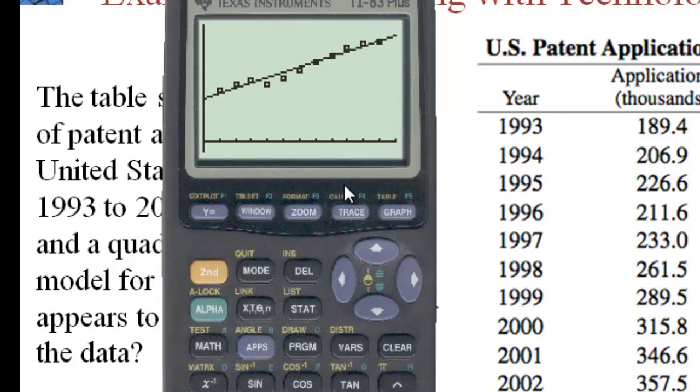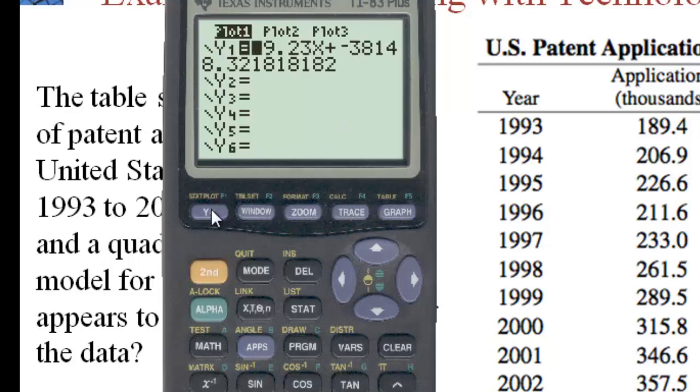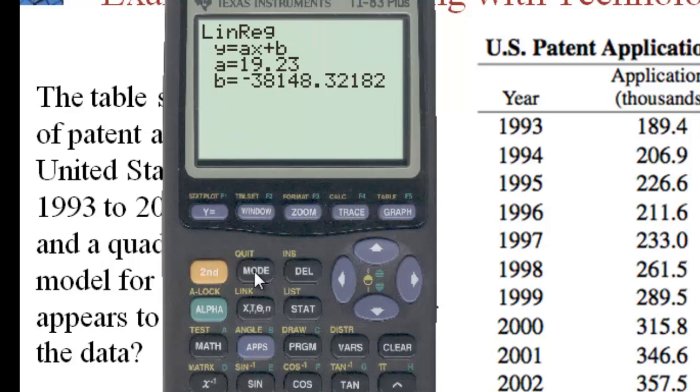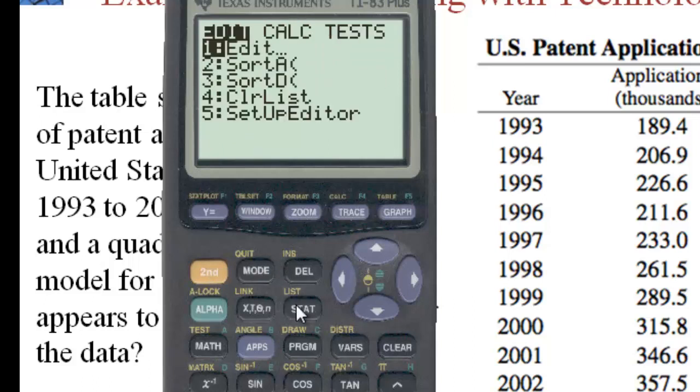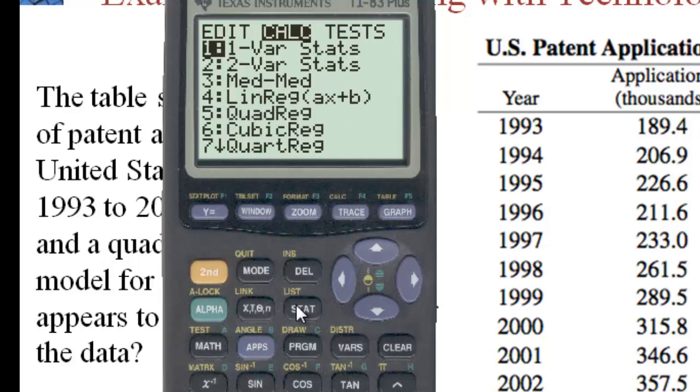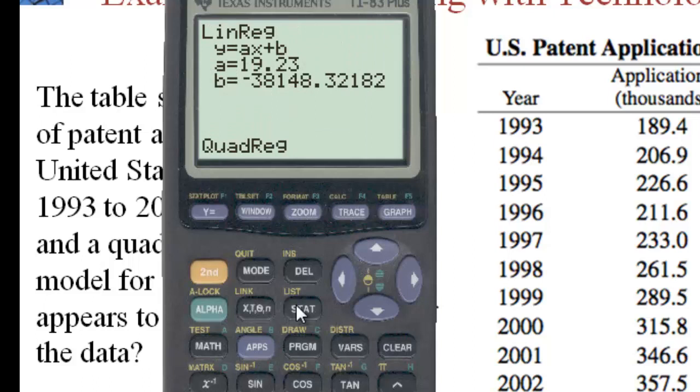The next thing we want to do is do a quadratic regression. So I am going to go back to my y1 and turn off this function, and second and quit. I want a quadratic regression, so I go back to stat and calc and quadratic regression, and we do it the same way.